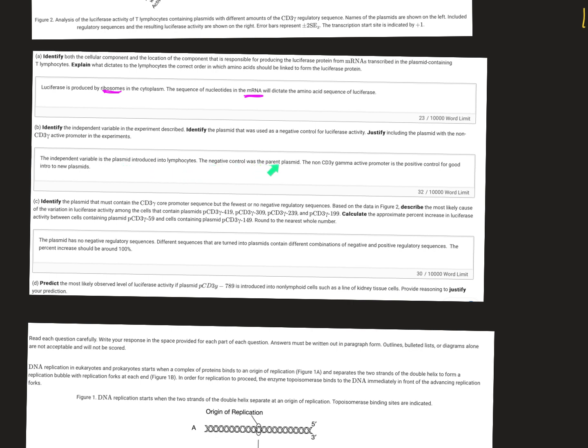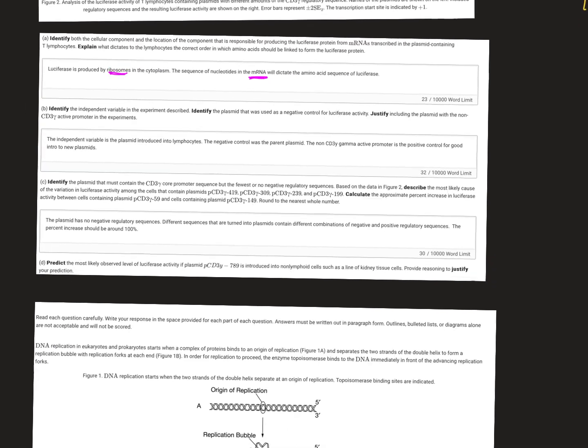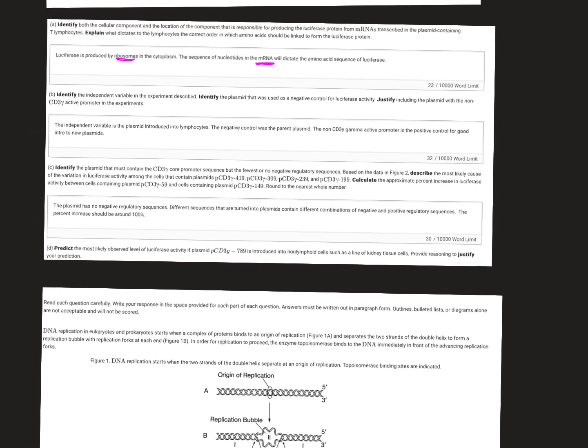The negative control was the parent plasmid. The non-CD3 was a positive control for the new plasmids. Okay. I'm not sure what they meant by that. I just keep reading that, but that encourages me that they're writing their own answer, because I'm not sure what they meant by that. But I'm going to move on.